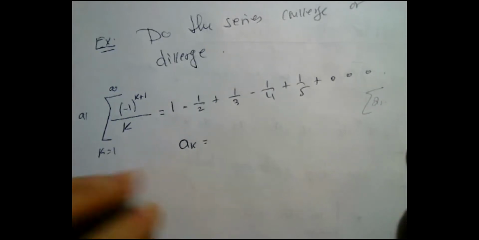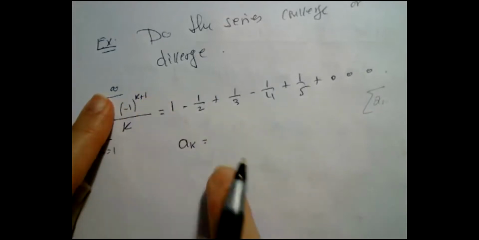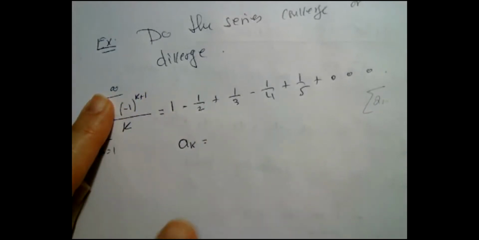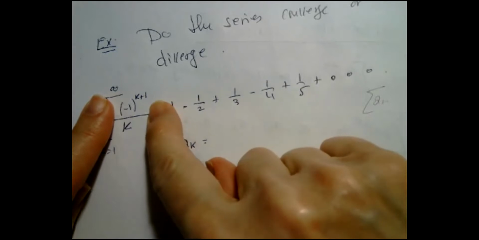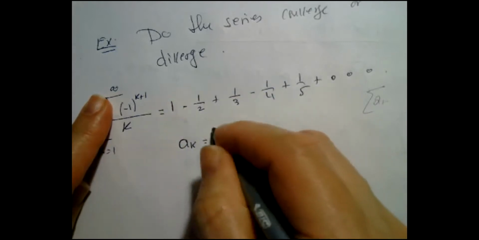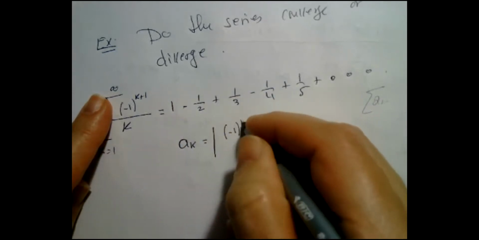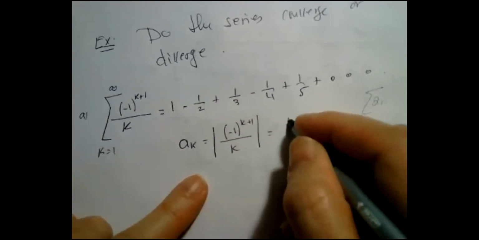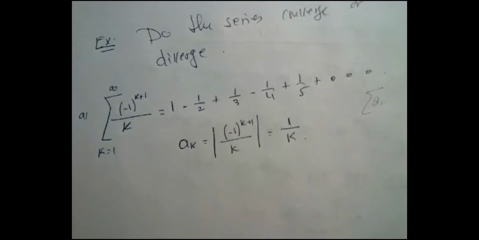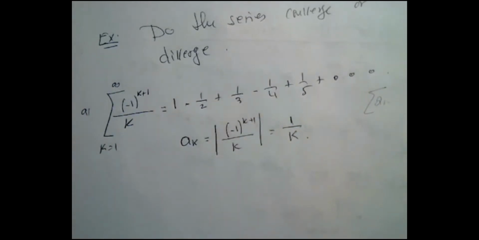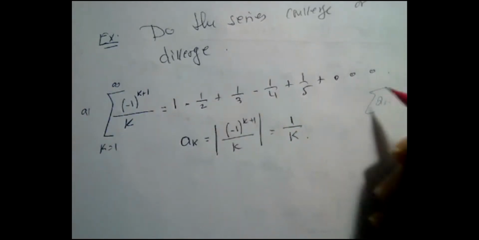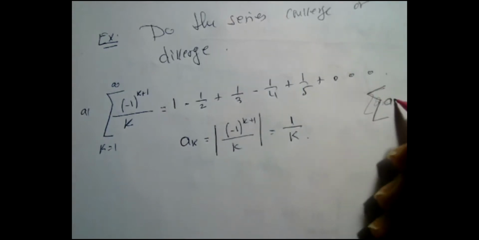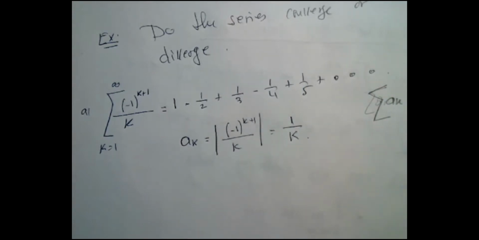In the alternating series test, the AK doesn't mean the term. What the book means, intuitively, is the absolute value of the term. That's really what the AK are, which is the 1 over k. I know it's confusing because usually we write sigma AK, and AK is representative of a general term.